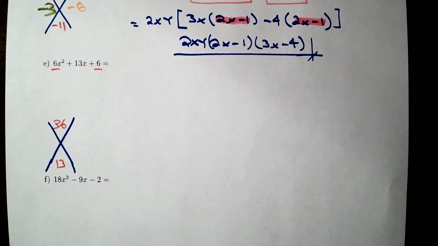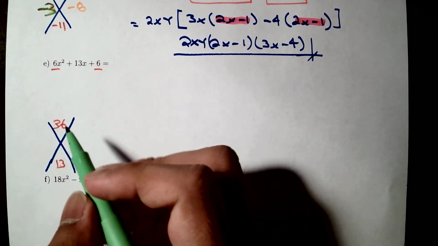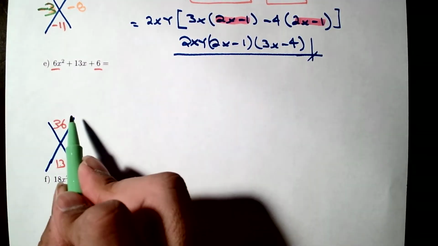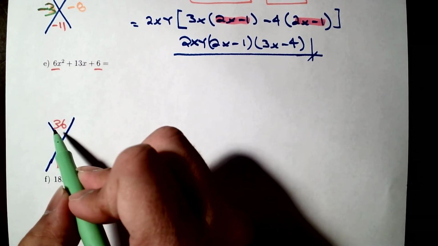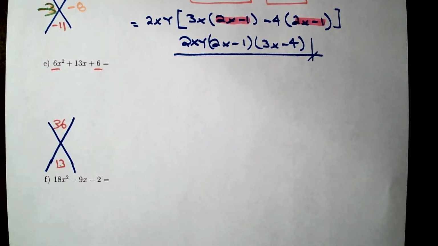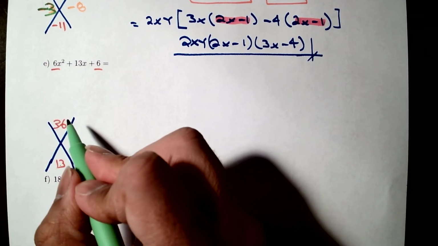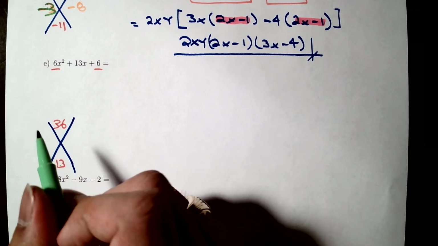And I'm going to look for factors of 36 that add up to 13. So let's look at different possibilities for 36. 36 times 1, but 36 plus 1 is not going to add up to 13. 6 times 6 is 36, but 6 plus 6 is not 13. So we need to find another way.